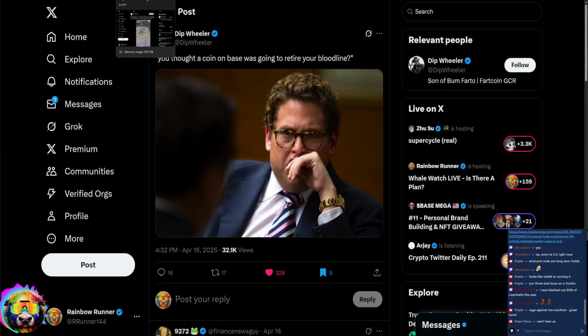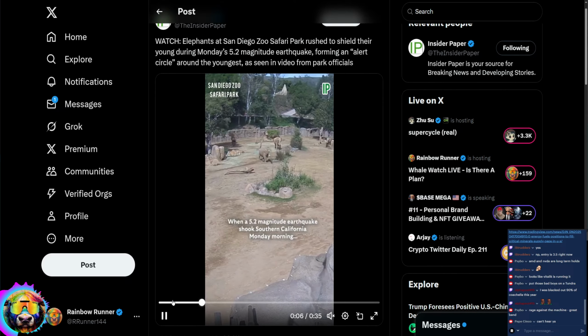Appreciate everyone calling in, and I wanted to show you guys this because remember the earthquake we had earlier this week over in California? Apparently, captive elephants still have their instincts to defend their young. So these elephants at the San Diego Zoo rushed to shield their young during a 5.2 magnitude earthquake, forming an alert circle around their youngest. And I just thought this was the coolest thing.